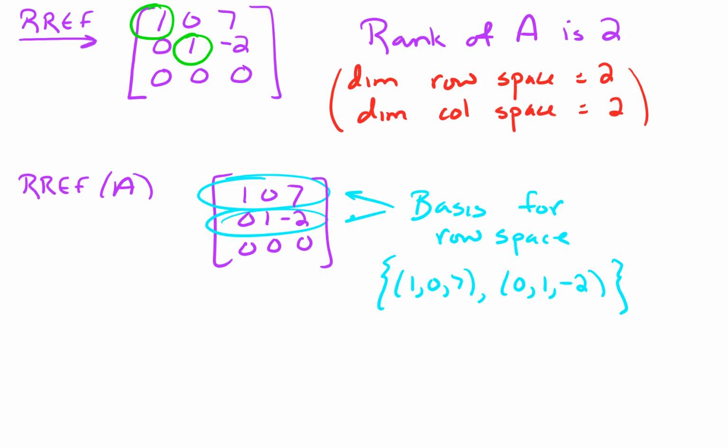And we see that the row space is a dimension 2 subspace of R3. We also see that we have two columns which contain these pivots or leading ones, and so go back and look at what A was.